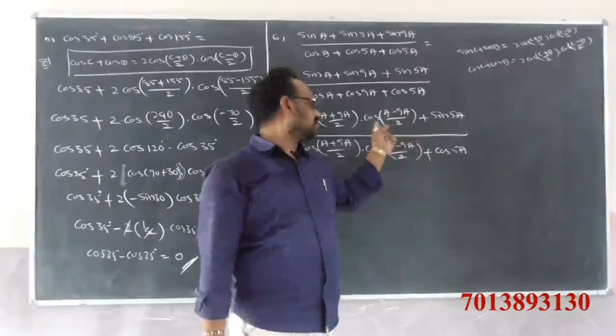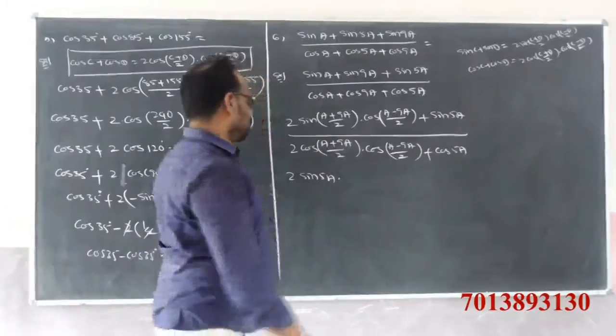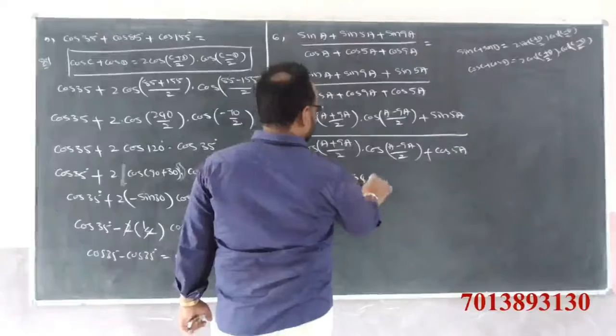Cos of minus theta is cos theta, so we get cos 4A.